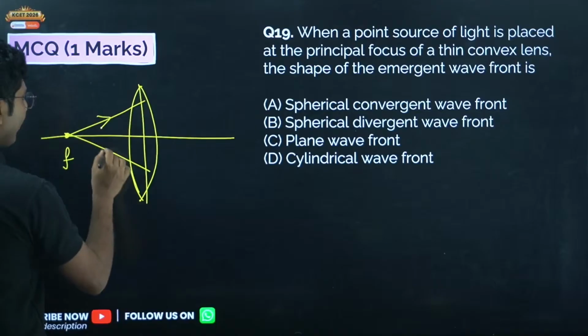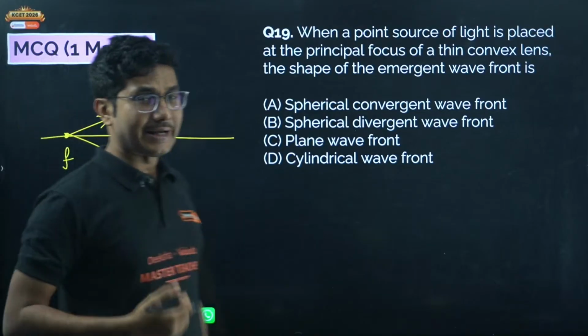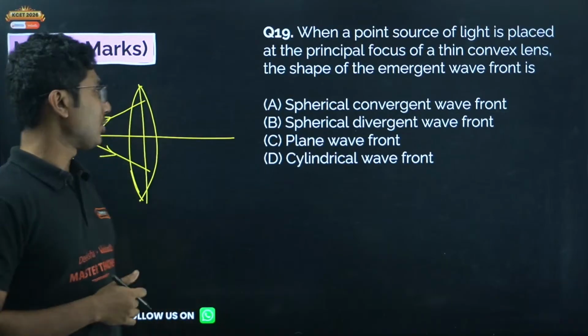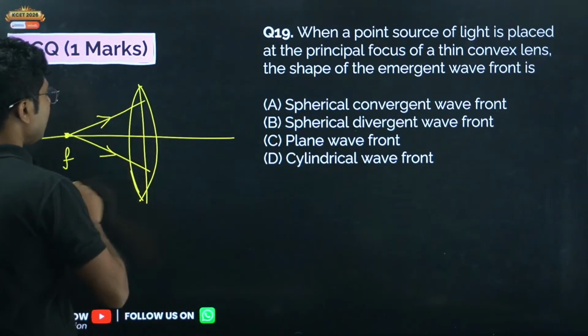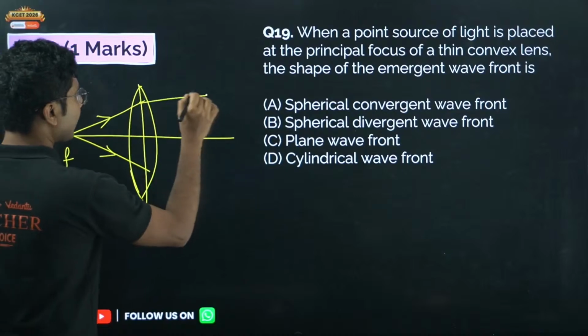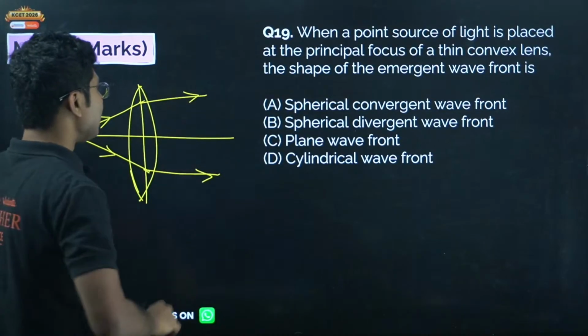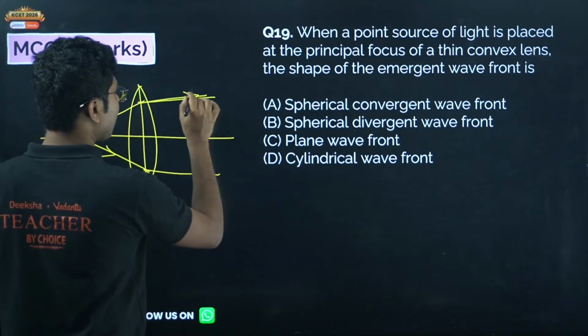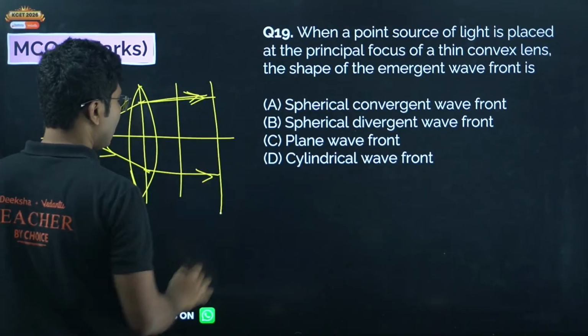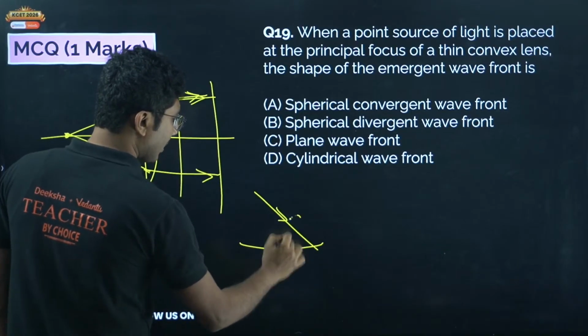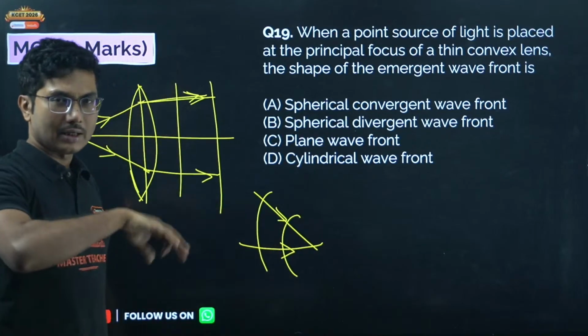First of all, try to draw the ray diagram. These kinds of questions are very common nowadays. You can expect one such question. If the rays are parallel to each other, then the emergent wavefront is plane. If they are converging somewhere, then the emergent wavefront will be spherical, curved like this.